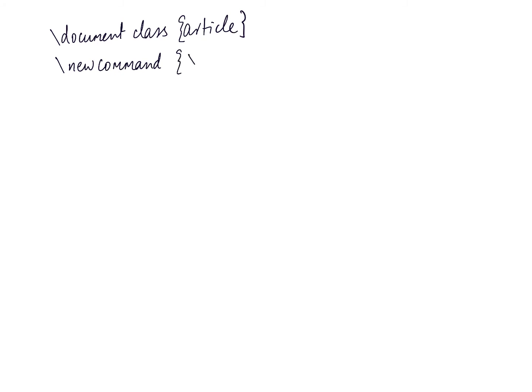Okay, so we'll create a new command or a macro for formatting keywords. So let's see this code. Again, let's start with document class article, and then new command, and let's use keyword.